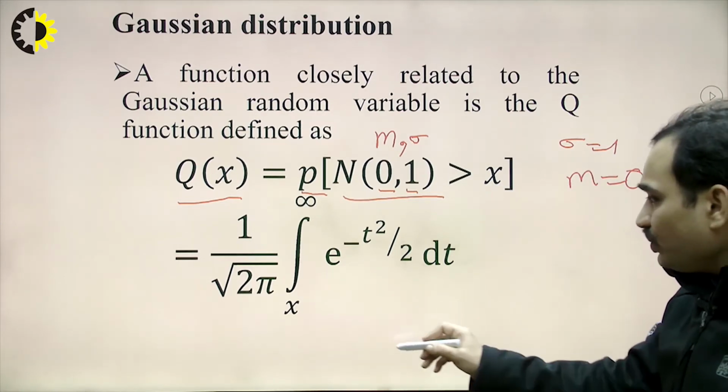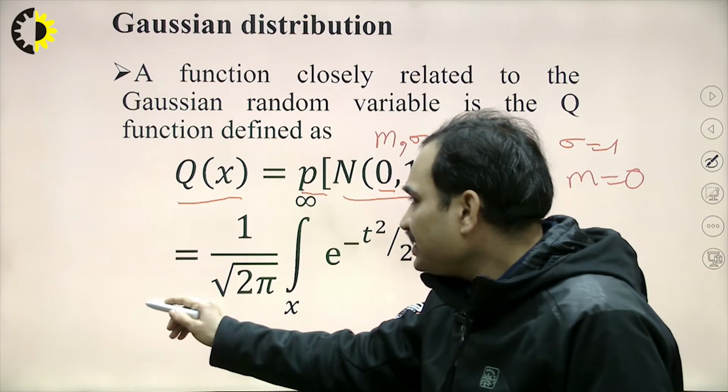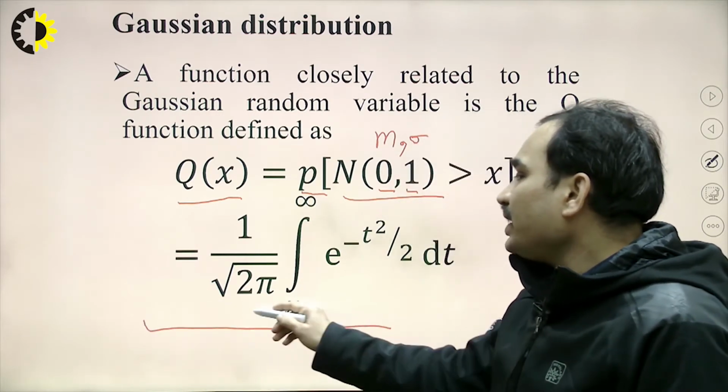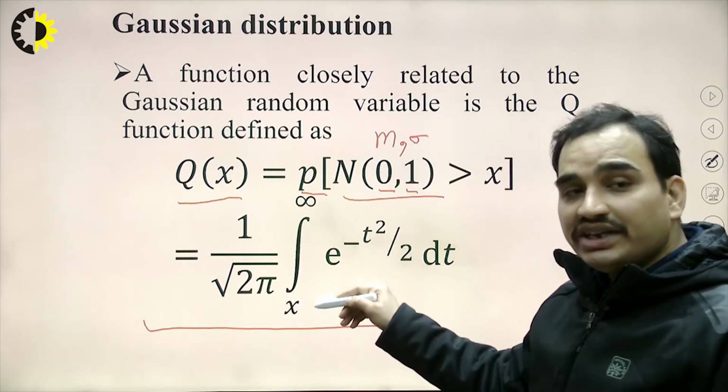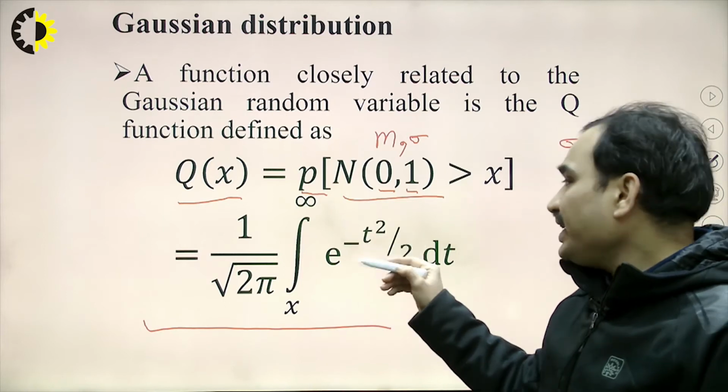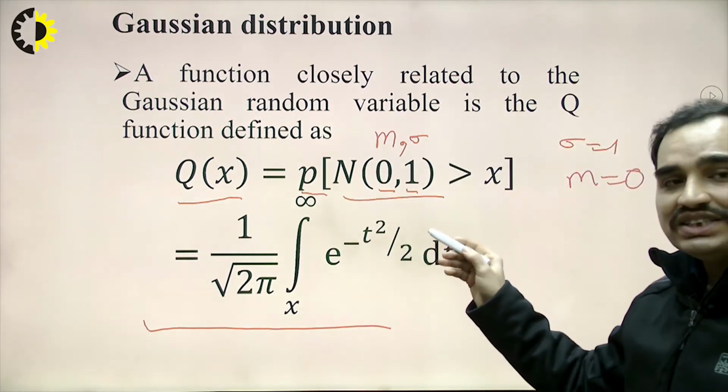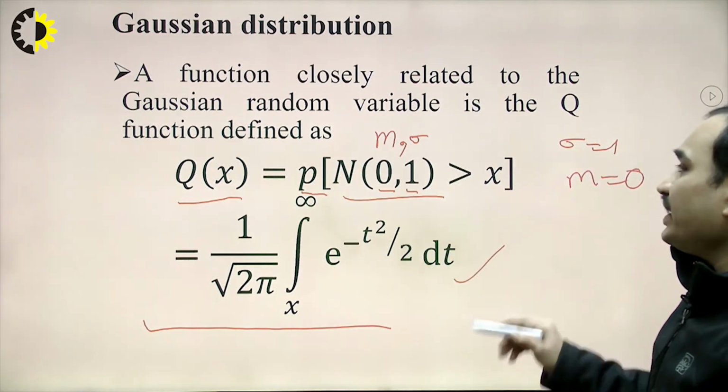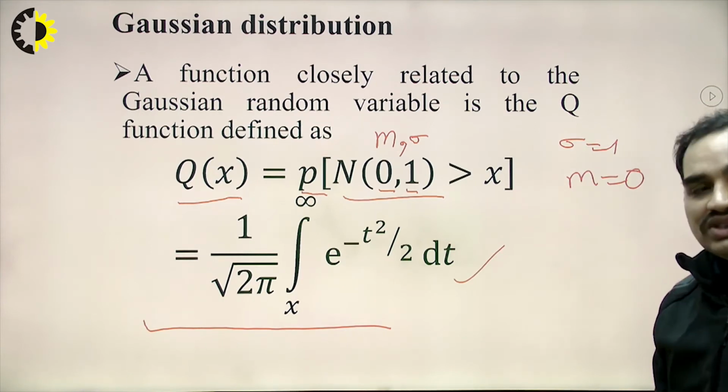So, how do we denote it? We can write this as 1 upon root 2 pi, integration from x to infinity, exponential of minus t square by 2, dt. So, we are getting this Gaussian distribution.